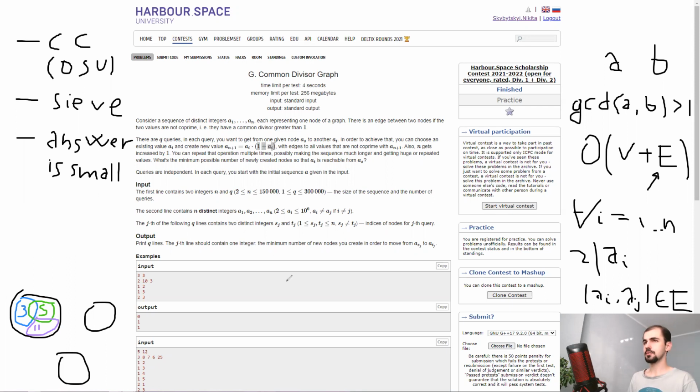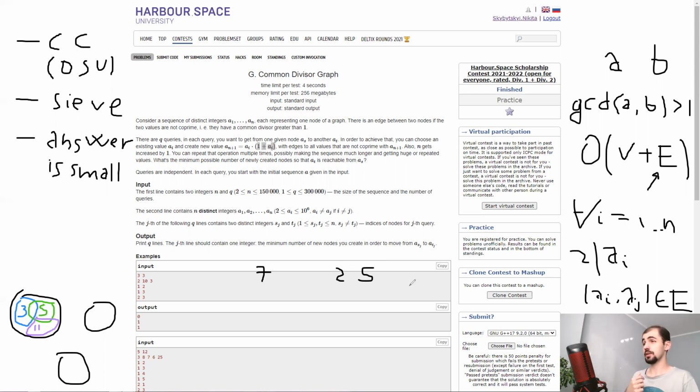And here the answer is small because if you take any two numbers, 3 and 5 or whatever, but 3 and 5 are the numbers that they used down there. Oh no, actually those are indices, so the numbers they used were 7 and 25. This has a prime factor of 7, this has a prime factor of 5. So another way of thinking about it is that we want to connect two prime divisors, actually.